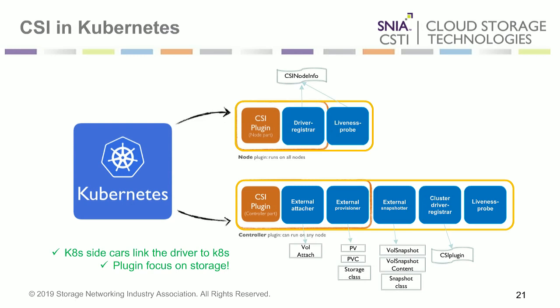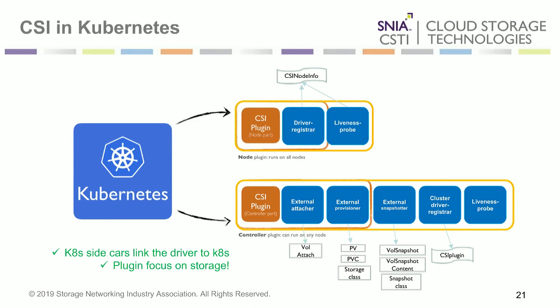The CSI plugin design goal was that your driver only needs to worry about storage operations: creating volumes, mapping volumes, growing a volume size, snapshots, clones. The CSI driver does that stuff.